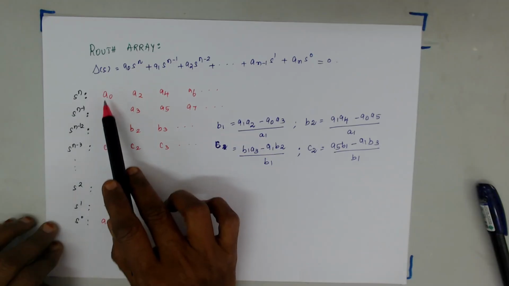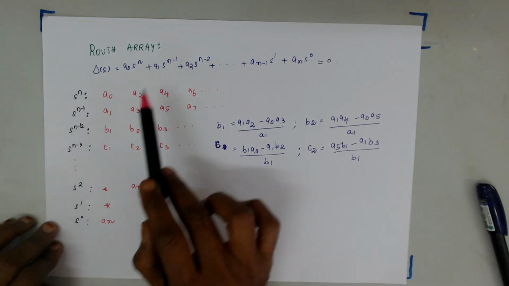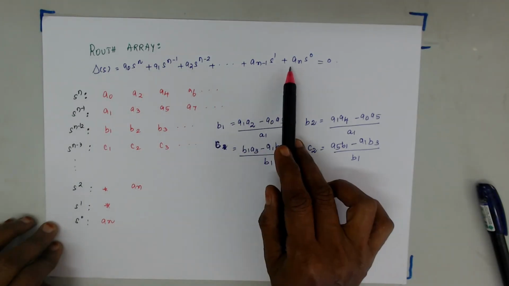So the first two rows of the Routh array are constructed with the given characteristic equation.